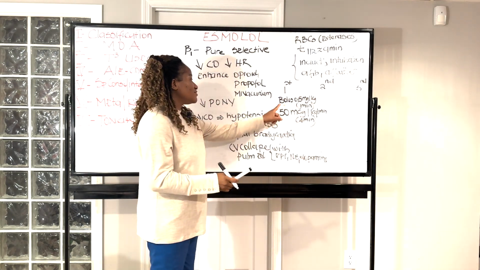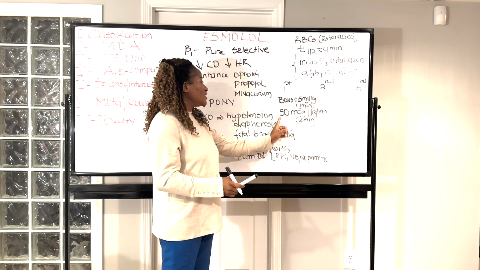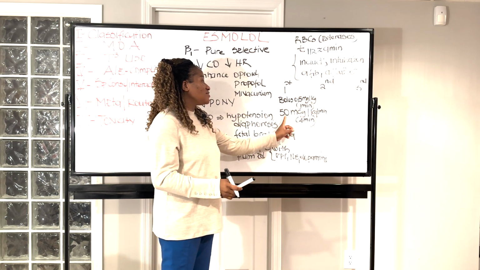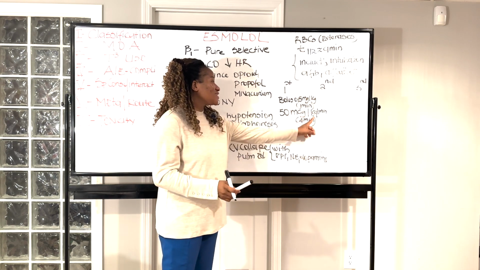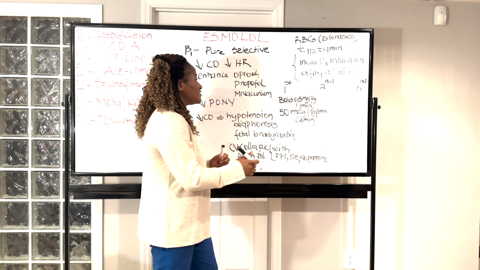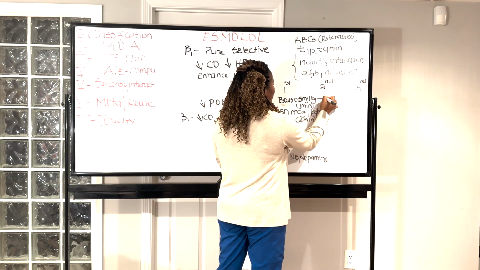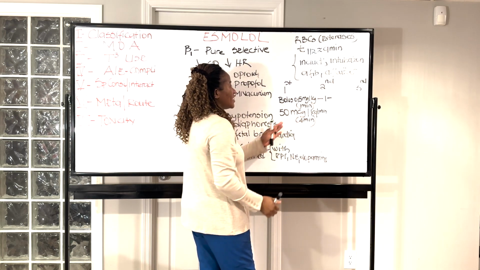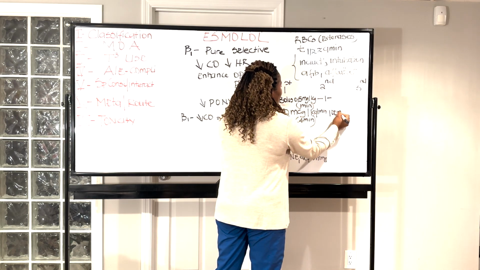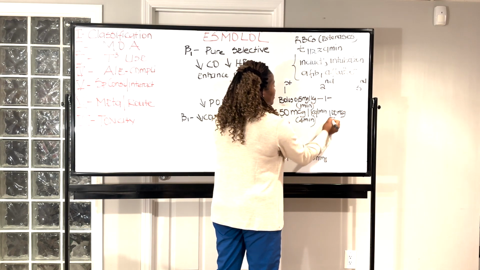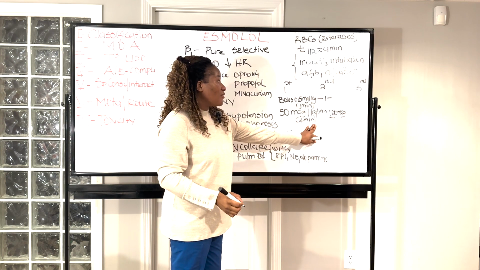Second, you give the same bolus, 0.5 milligram per kg, and then you follow by 100 mics per kg per minute for 4 minutes.